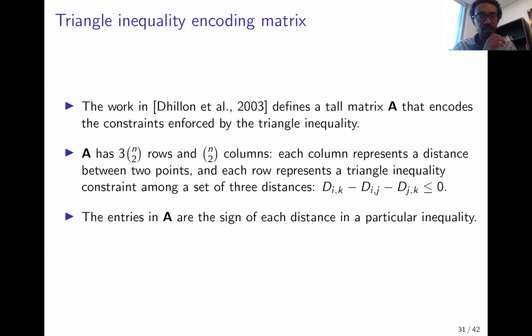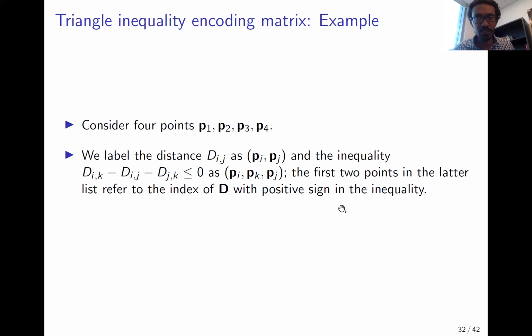Okay, so to make this concrete, I'll illustrate this with an example, and that will make it easier to see what I mean. So let's consider 4 points, P1, P2, P3, and P4. I'm going to label my distances as Pi, Pj. So this is the distance Dij. And when we look at this inequality, I'm going to write it as Pi, Pk, Pj.